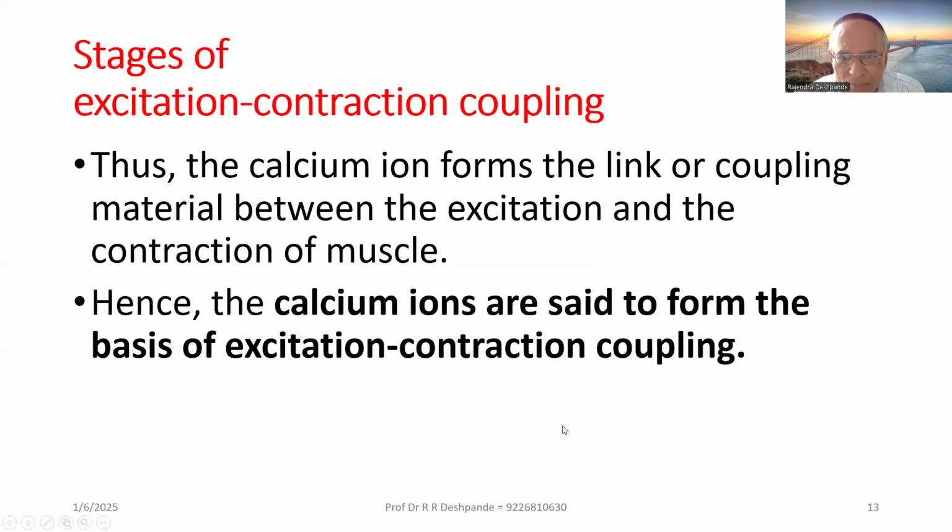Sarcoplasmic reticulum. So, stages of excitation contraction coupling: calcium ion is the link, or the coupling material, between the excitation and the contraction of the muscle. So who is responsible for making the meeting of the excitation and contraction? Calcium ions are responsible to make the union, or the link, that is the coupling between excitation and contraction.